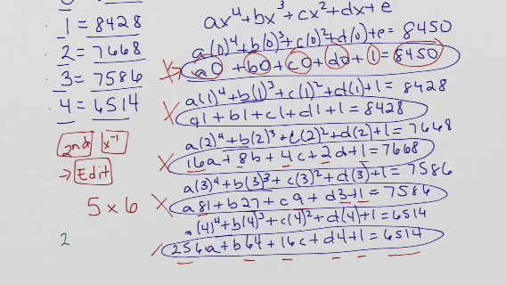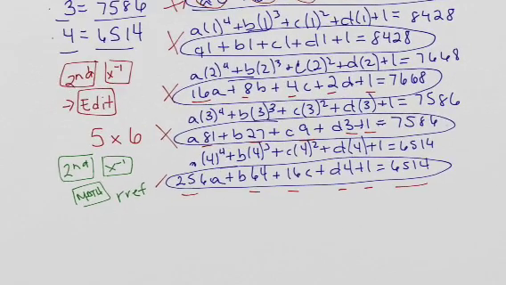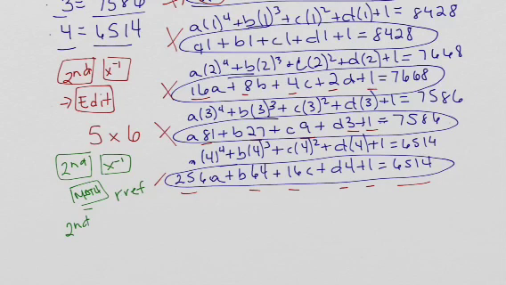We need to hit that second x to the -1 button again. This time, instead of hitting edit, we're going to go over to the math tab. You can scroll all the way down to find the rref function, or you can hit alpha lock B. The next thing you're going to have to do is type in that you want matrix A. So you're going to go into second, x to the -1.